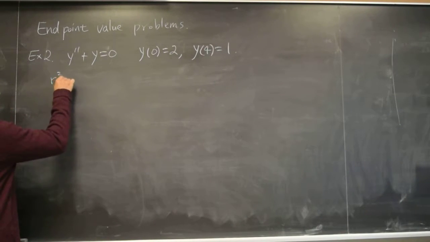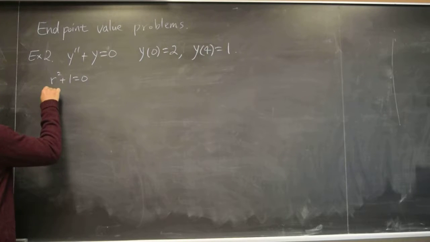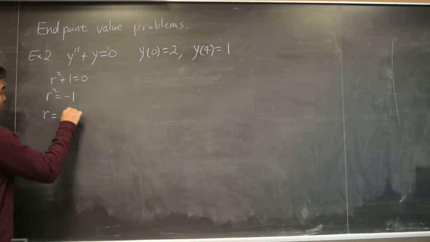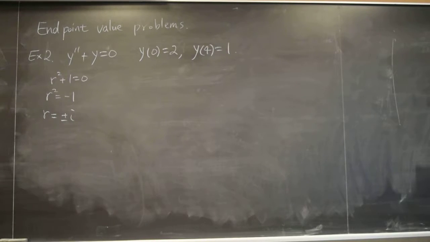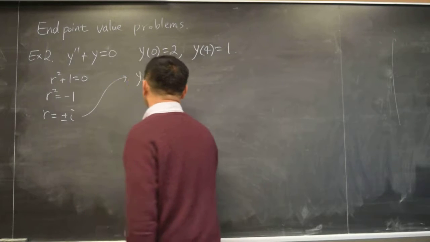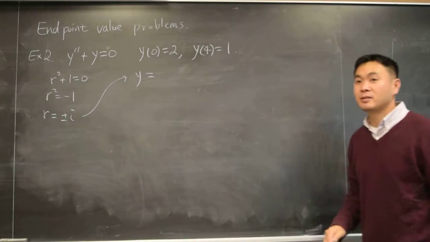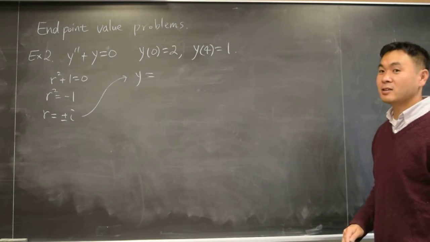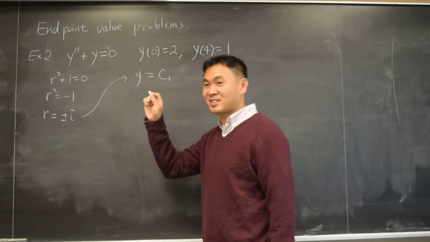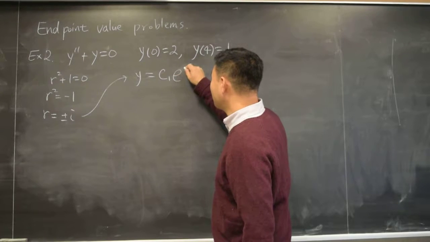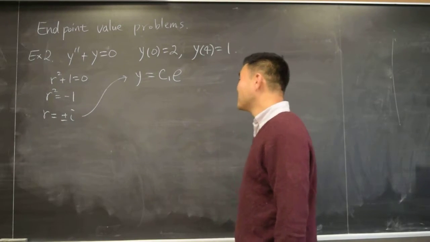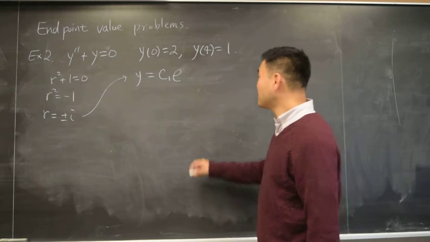r squared plus 1 equal to 0, r squared equal to negative 1, r equals plus minus i. What does that mean? That means y is c1 e to the 2x... Oh, x. c1 plus c2 x.